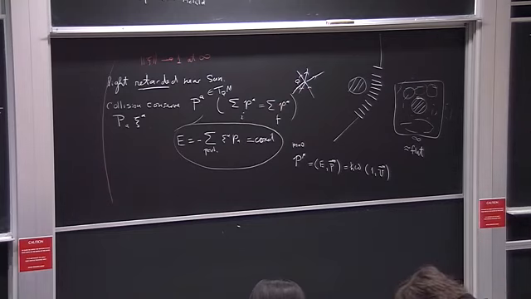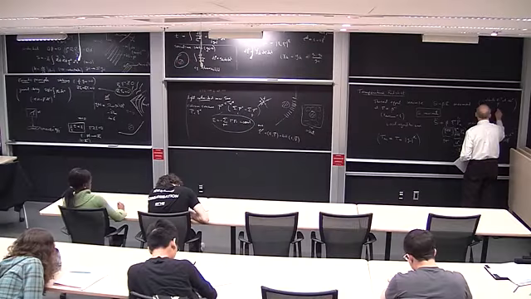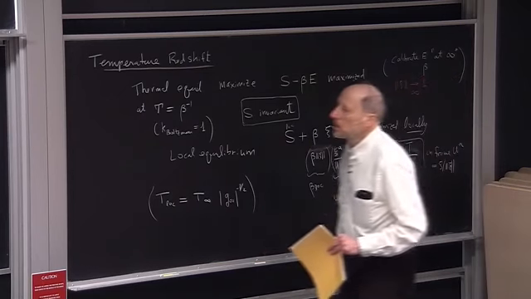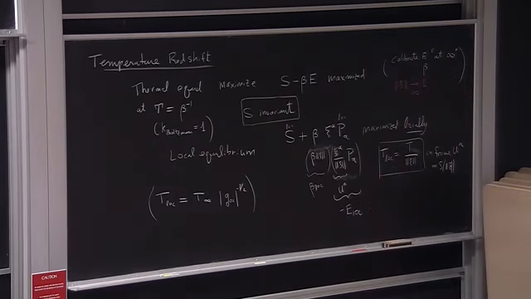That's the way we normalize at infinity. But when you use the Rindler boost Killing vector, it's getting bigger and bigger at infinity.